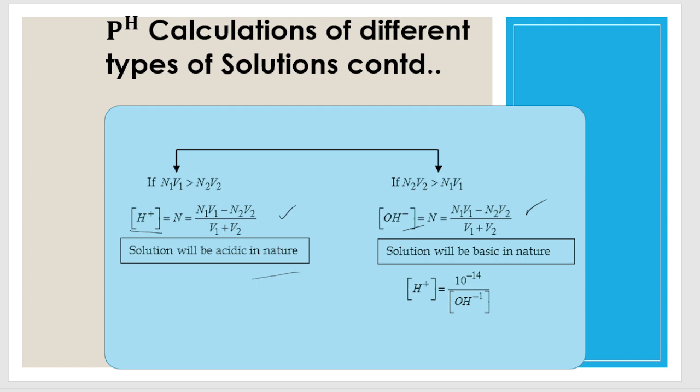From that, the H plus ion concentration can be calculated using 10 power minus 14 divided by OH minus ion concentration. Understand? So this is how we use different formulae to calculate the H plus or OH minus ion concentration. Thereby, simply by applying the negative logarithm to them, you can calculate either pH or pOH.